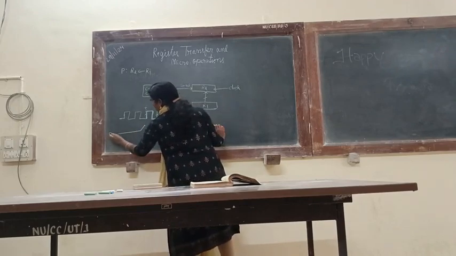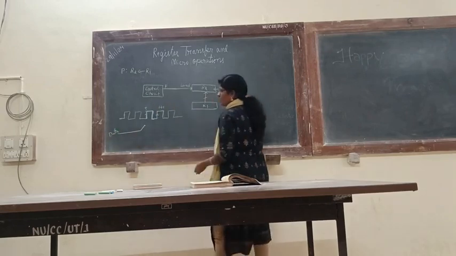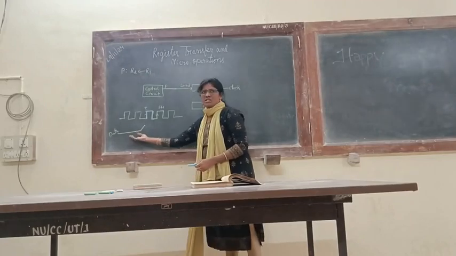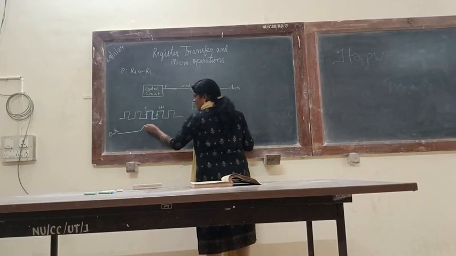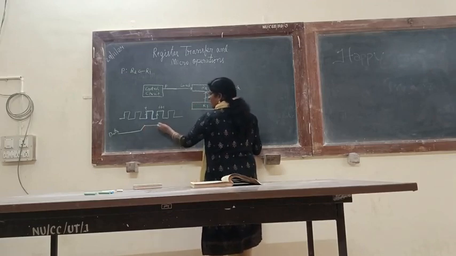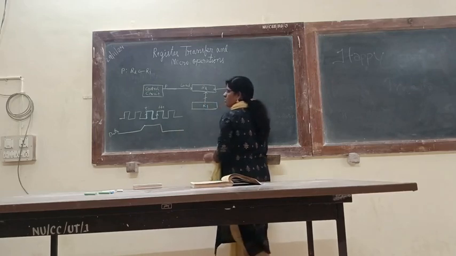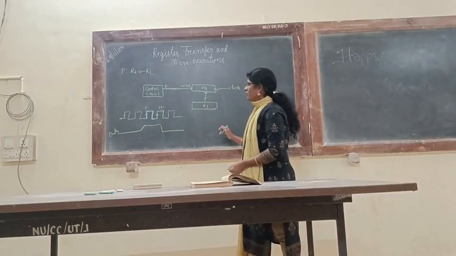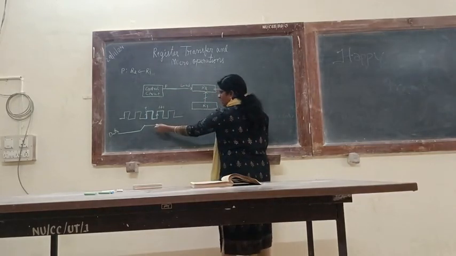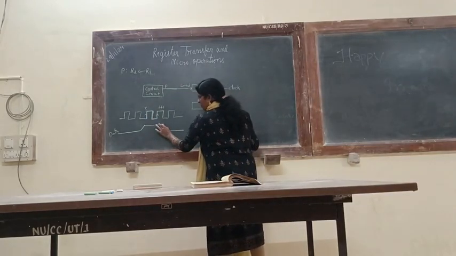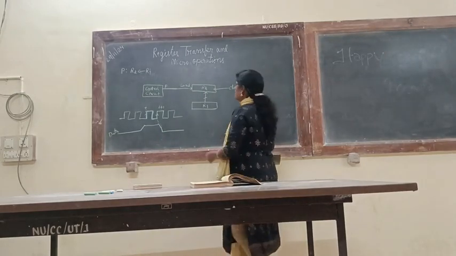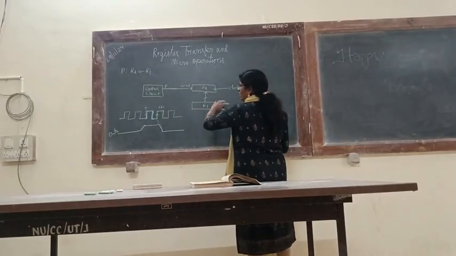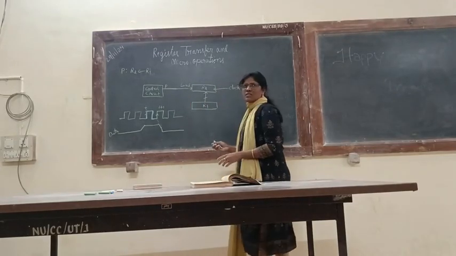This is the data we are transferring. The transfer occurs at time t, and at time t plus 1 the transfer is stopped. So for one clock pulse, the load is enabled and the data is transferred.